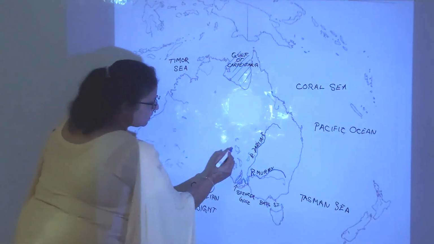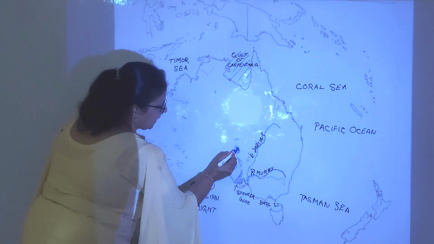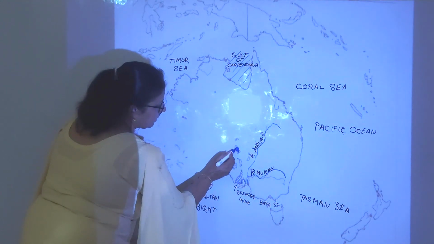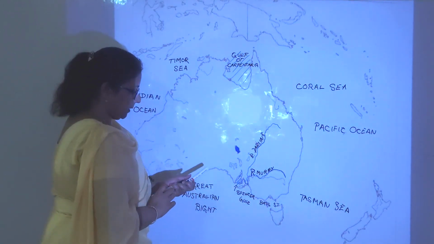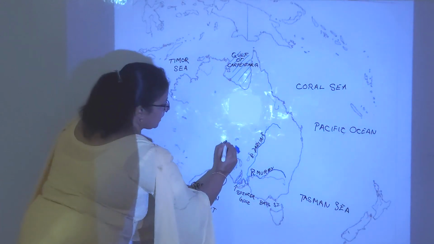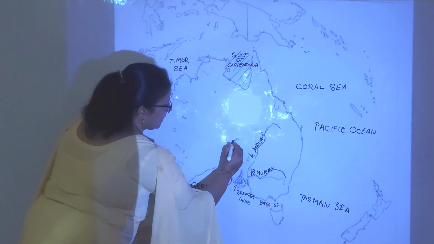Here we have an important lake. You can color it. It's an important feature of Australia, and the name of this lake is Lake Eyre.